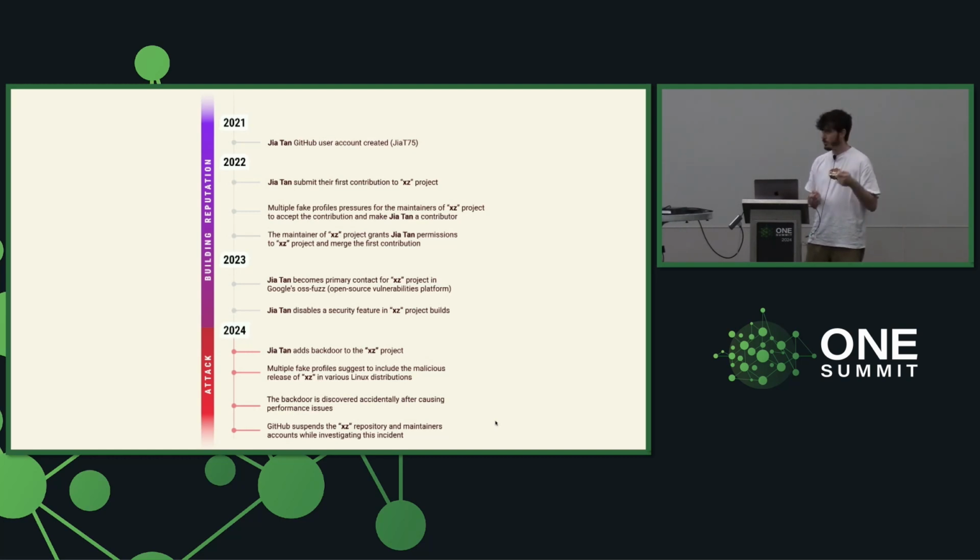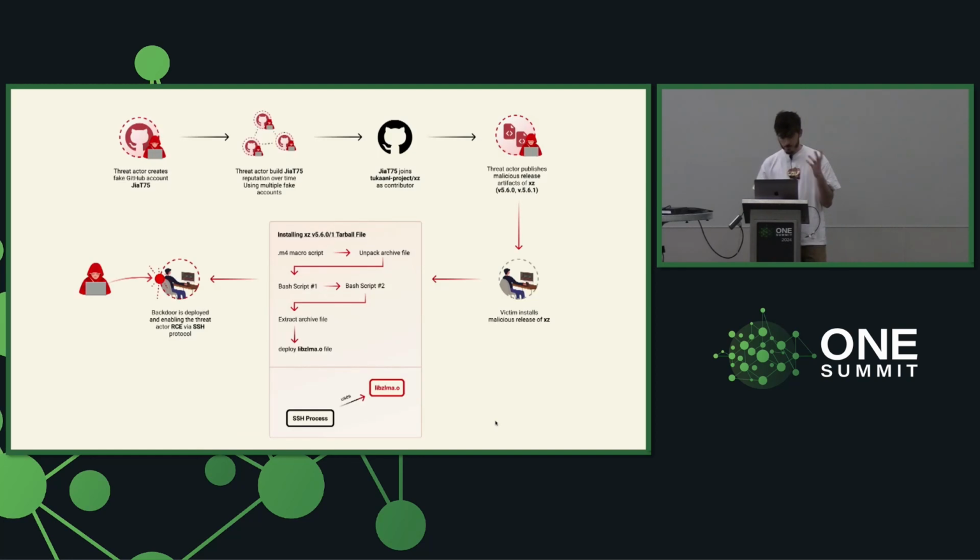Slowly he became a core contributor of the package, and he could approve pull requests to the project, leading to him approving a pull request containing a backdoor which they created in the code.